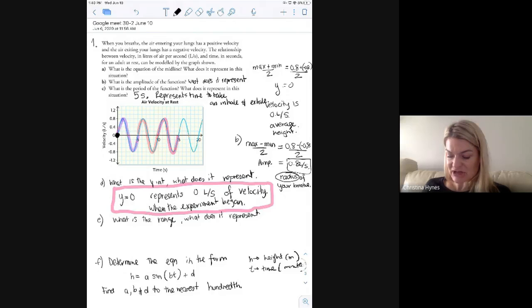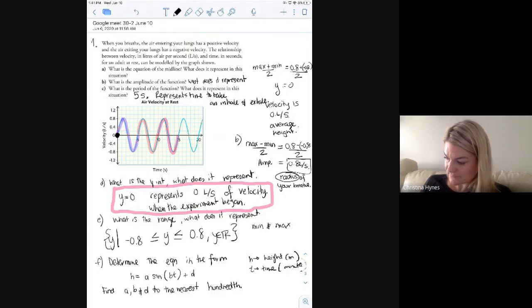E, what is the range and what does it represent? The range is what is the smallest y-coordinate, y value, and what is the largest y value. So for a range, we're going to say y is greater than or equal to negative 0.8, so y such that, and y is less than or equal to 0.8, y in R. So this represents your minimum and maximum liters per second that air is entering your lungs.